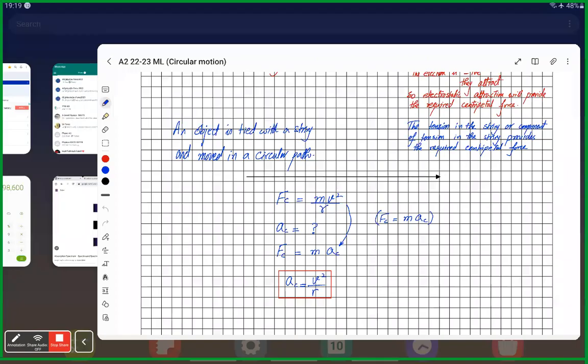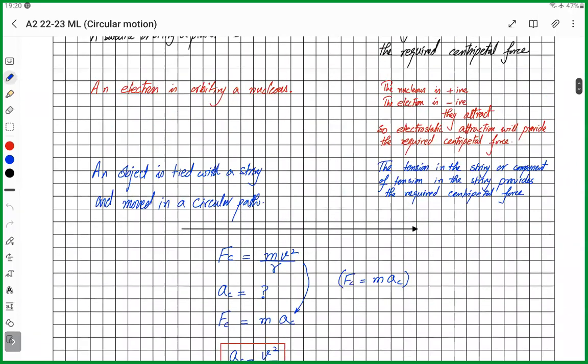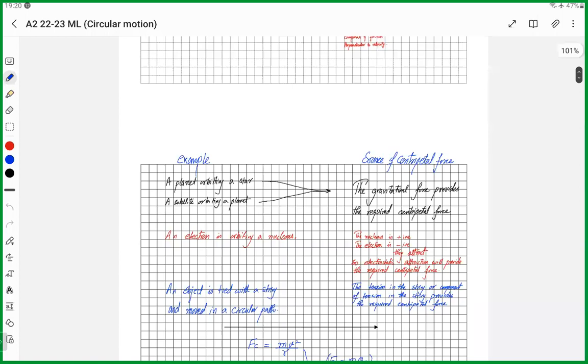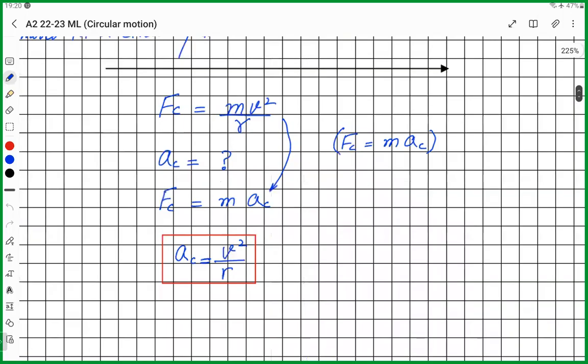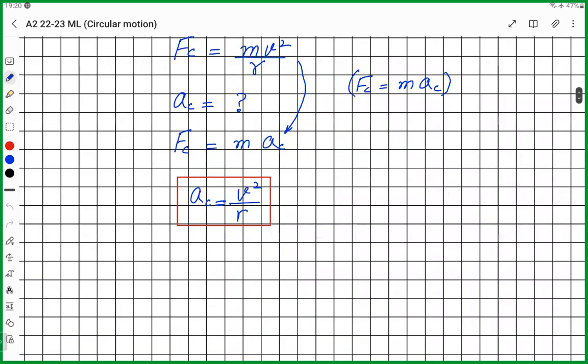Okay, last time we were discussing circular motion and finding an expression for the centripetal force and centripetal acceleration. Now let's move on.